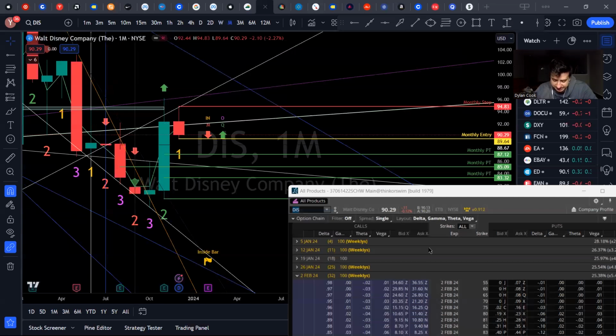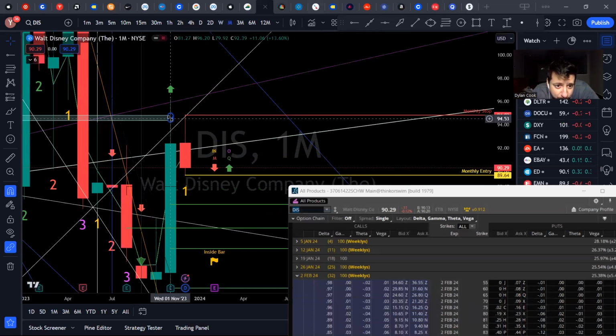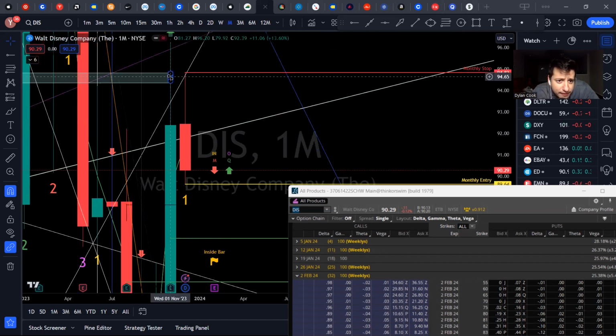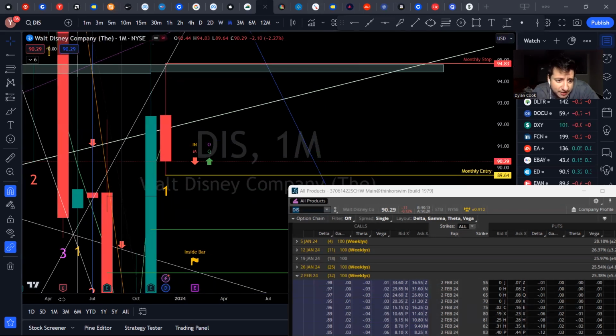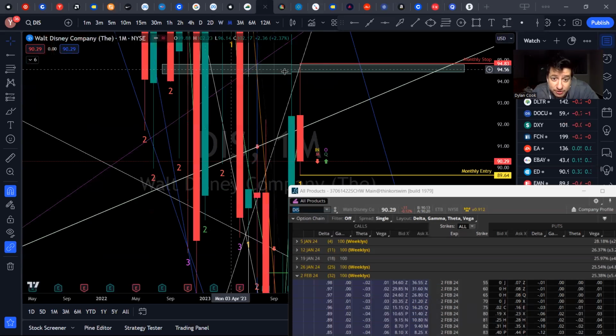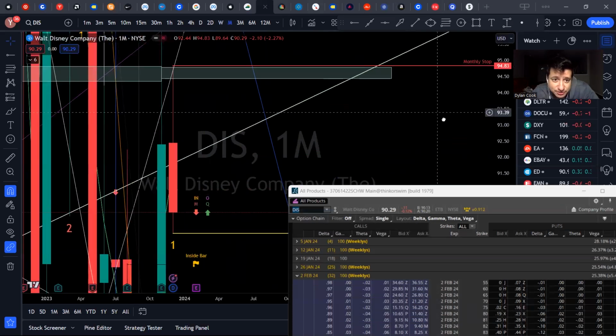Okay. Disney. 212. Now, I didn't show this earlier, but let's see if I can catch it. There we go. This has been going on for a while on a smaller time frame, where this is a big area that it likes to choose.